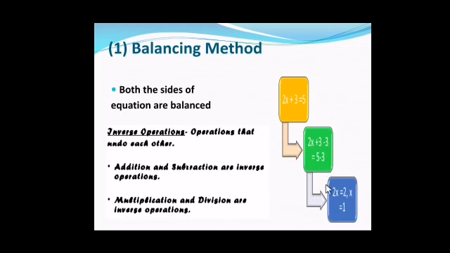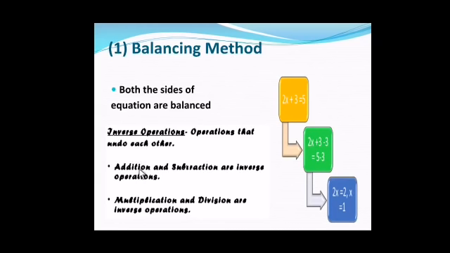So it will become 2x equals 2. What will be the next step to find the value of x? It has to be divided by 2 on both sides, again balancing by dividing by the same number on both sides. On dividing by 2 on both sides, the solution of this equation is x equals 1. Such a method is said to be the balancing method.